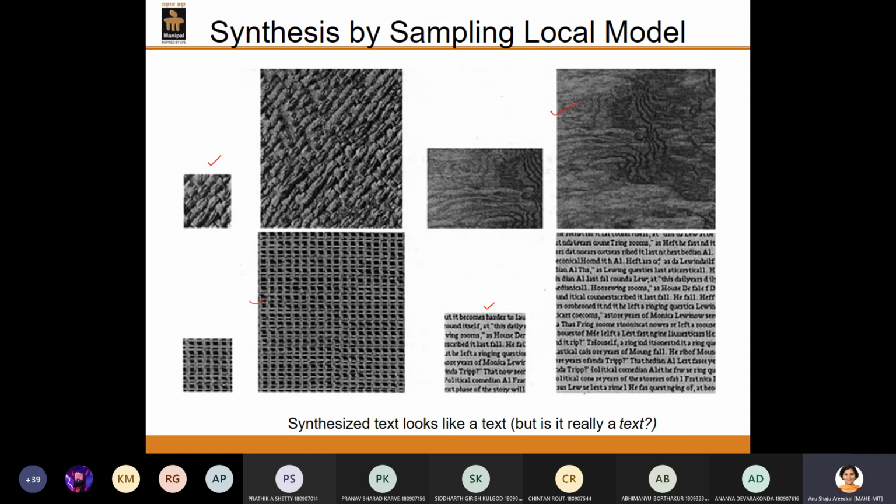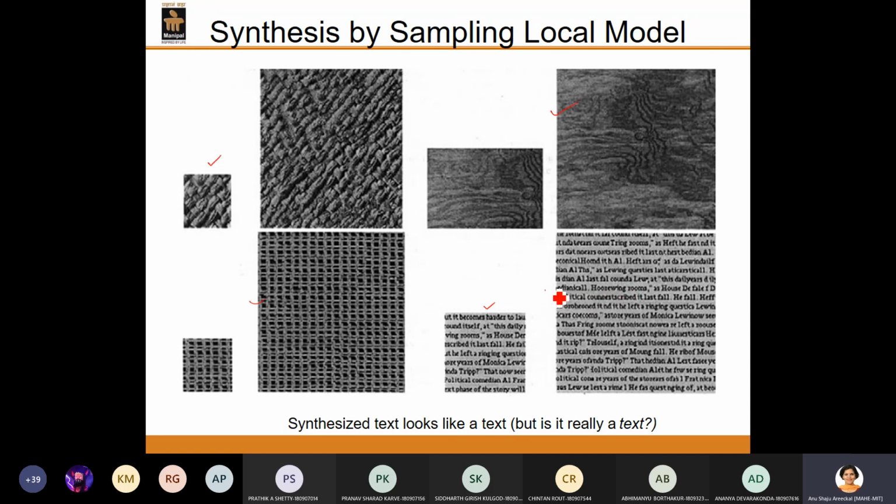So what happens is, the sampling local model will just look at the pattern and then try to create or synthesize an image. It does not look anything beyond the particular pattern or the distance information which is there. There is no parameter here to describe whether the text makes any sense or not.